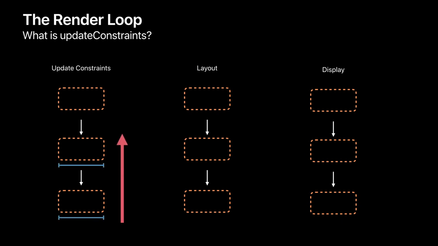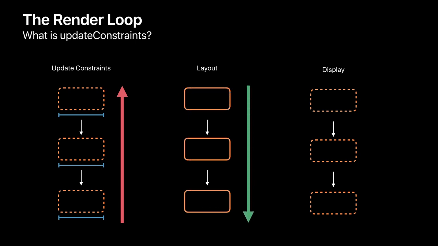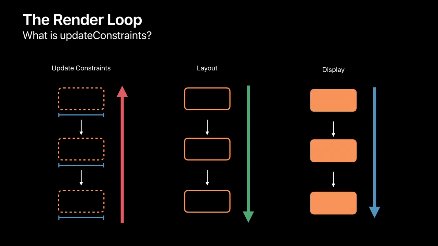First, every view that needs it will receive updateConstraints, and that runs from the leafmost views up the view hierarchy towards the window. Next, every view receives layoutSubviews. This runs in the opposite direction, starting from the window, going down towards the leaves. Last, every view gets draw if it needs it.